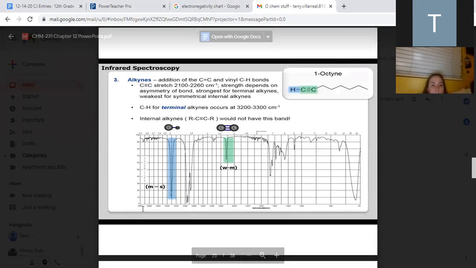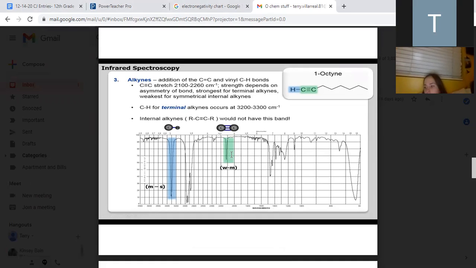And then we have things like alkynes, where if it's a terminal alkyne, the carbon-carbon triple bond is pretty unique because you see it at about 2100. It's just this small little peak about a quarter of the way down.